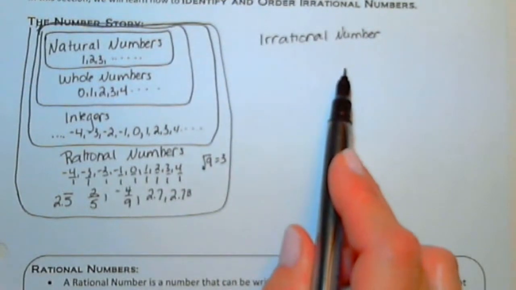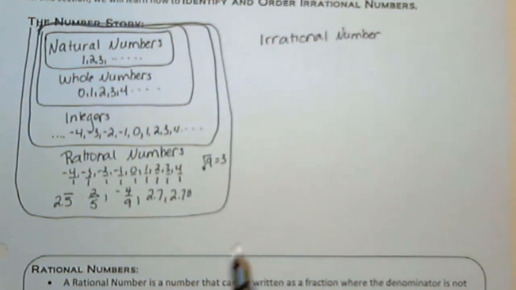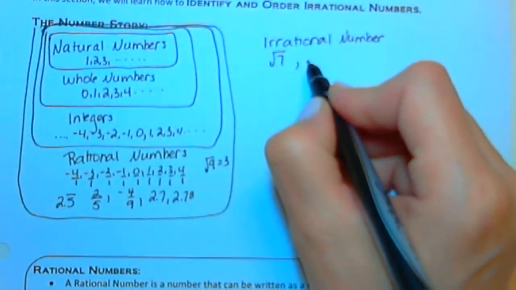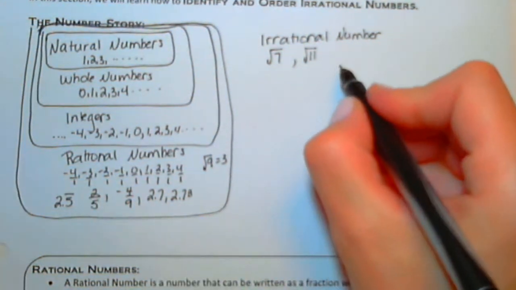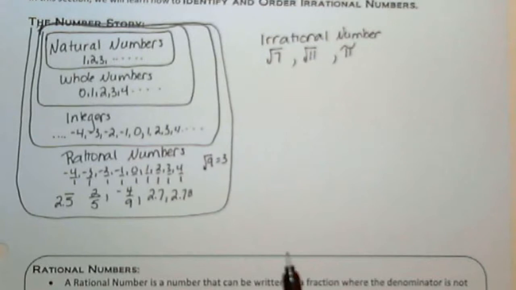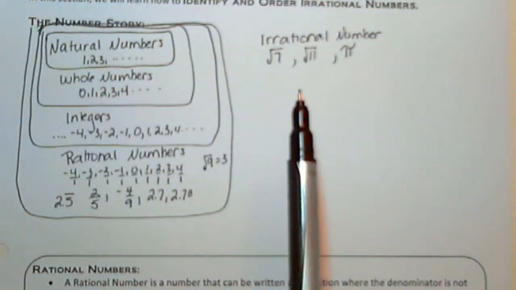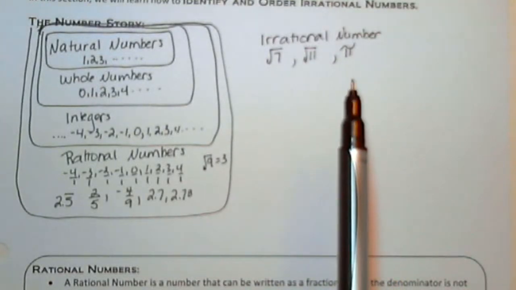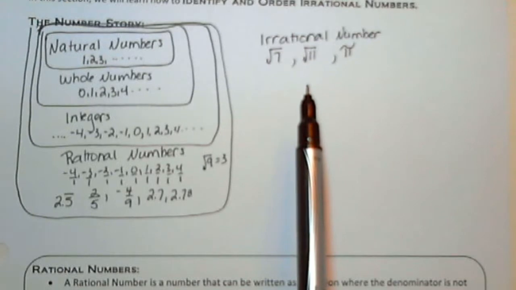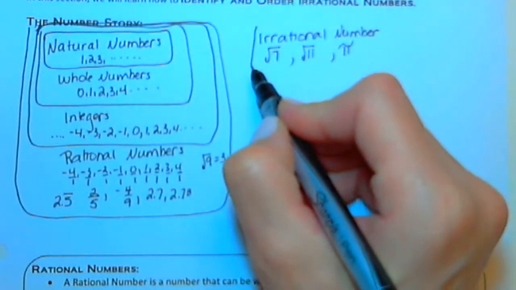But irrational numbers come from roots that don't have nice answers, like the square root of 7 or the square root of 11 or our good old friend pi. All of these numbers, if you punch them into your calculator, will have decimals that fill up the calculator screen, but they don't end there. They continue forever, and they don't have a repeating pattern, and they don't ever end, which is why they're called irrational.